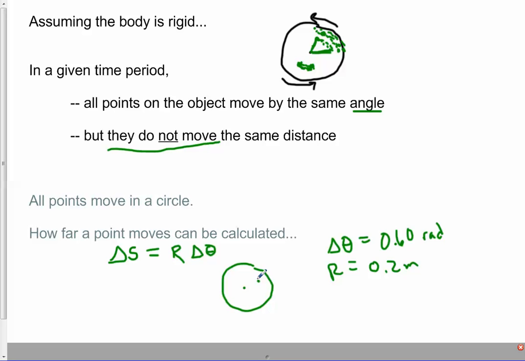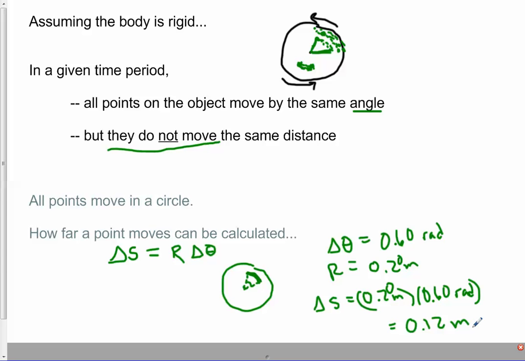This thing spins, and 0.60 radians is how much this thing has gone around. How far have you actually moved? This part right here, how long is that little path there? And the answer is, it's 0.2 meters times 0.60 radians, which is 0.12 meters. Let me give myself a second significant figure there. Okay, so 0.12 meters.